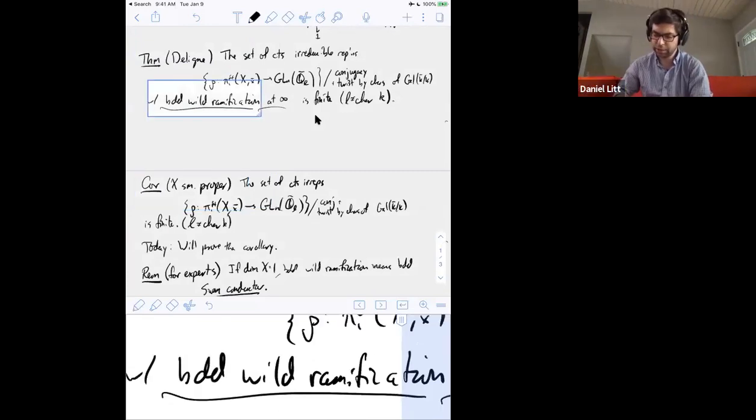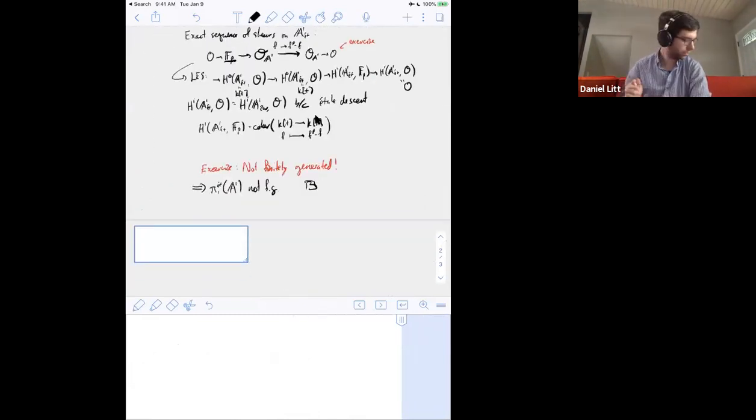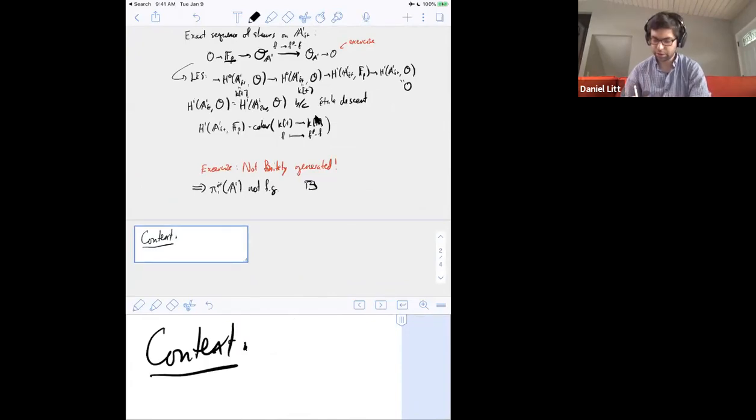So before moving on to the proof, I want to talk a little bit about the context. This is part of a really long list of amazing finiteness theorems for Galois groups and fundamental groups.